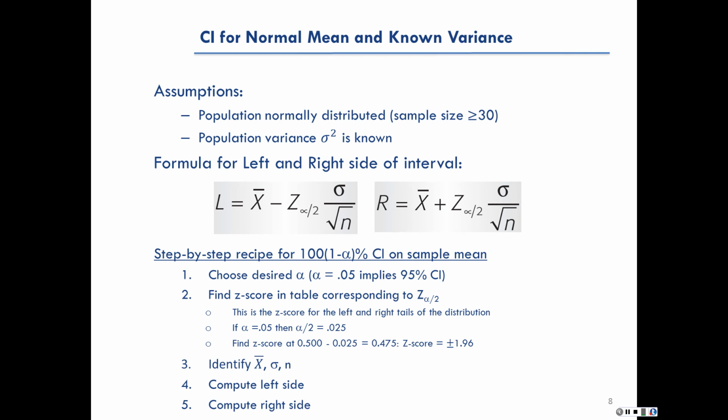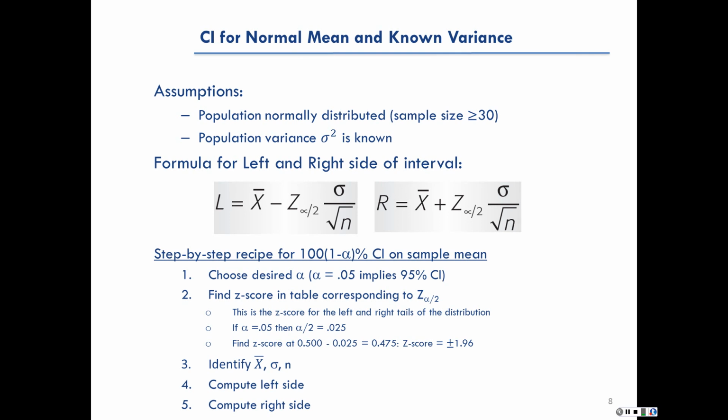And so in order to calculate this, you find the z-score at 0.50 and you subtract 0.025 from it. And so the probability there is 0.475.